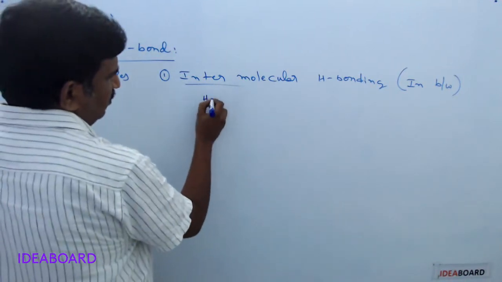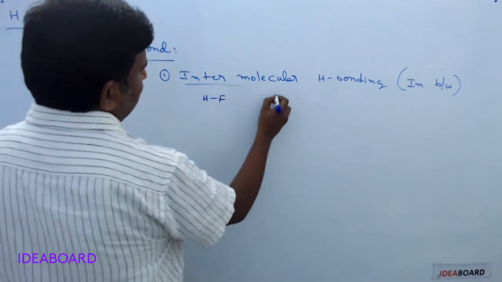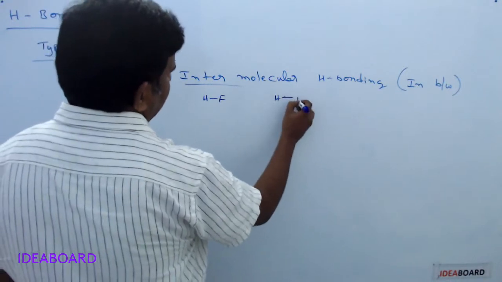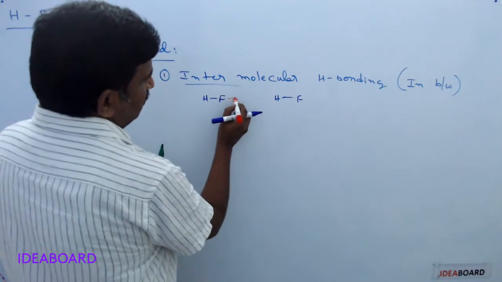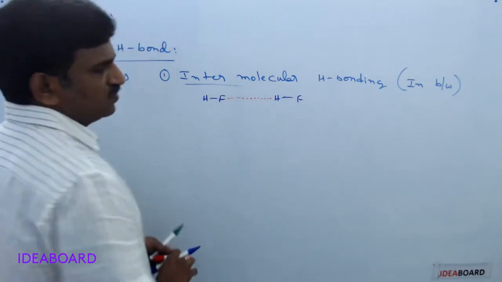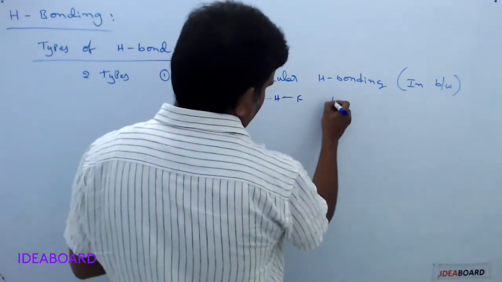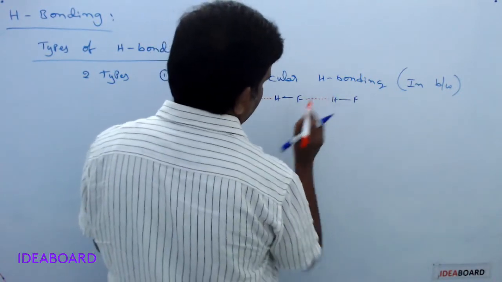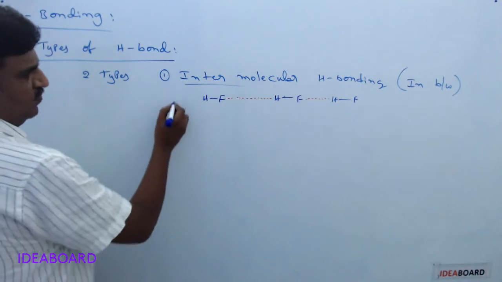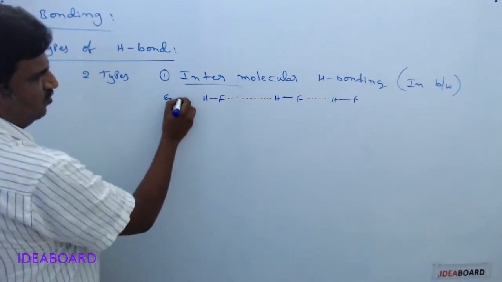For example, I am taking HF. In between two HF molecules, there is a weak electrostatic attractive force. Or here we can take another HF, and there is a weak electrostatic attractive force. So this is example 1.